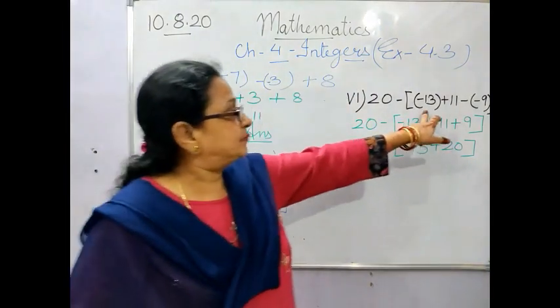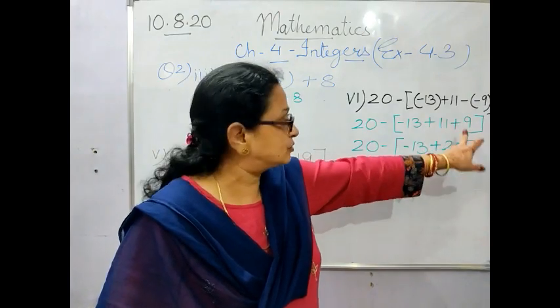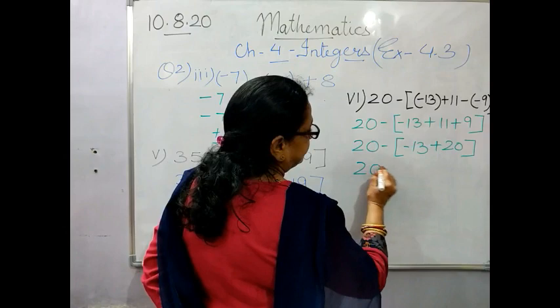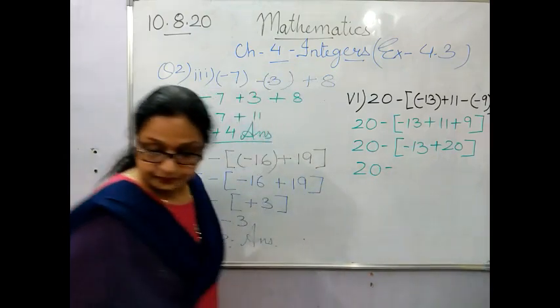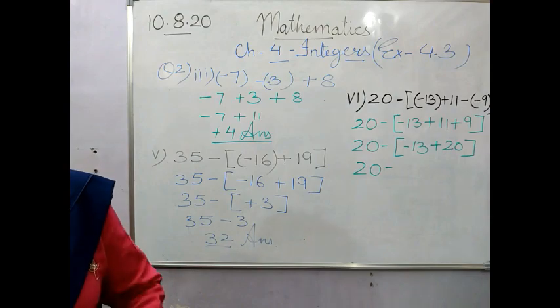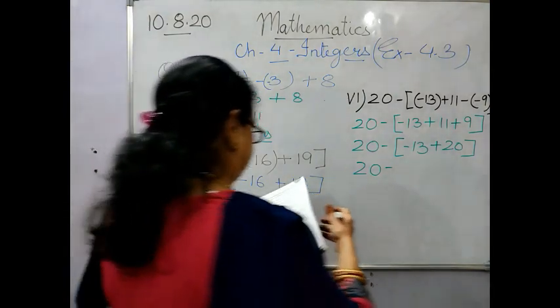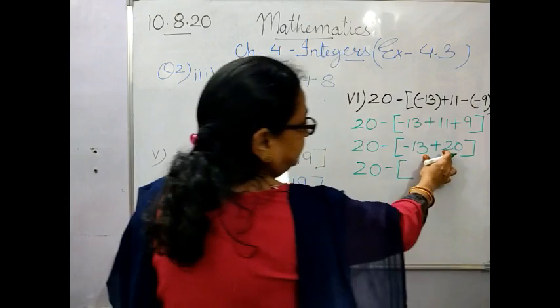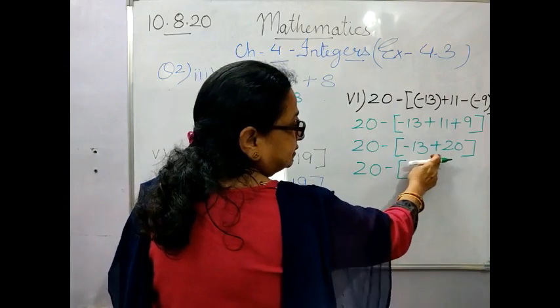You have solved the simple bracket, so then we'll solve this addition one. Then 20 minus... now solve this one. This is minus, this is plus.